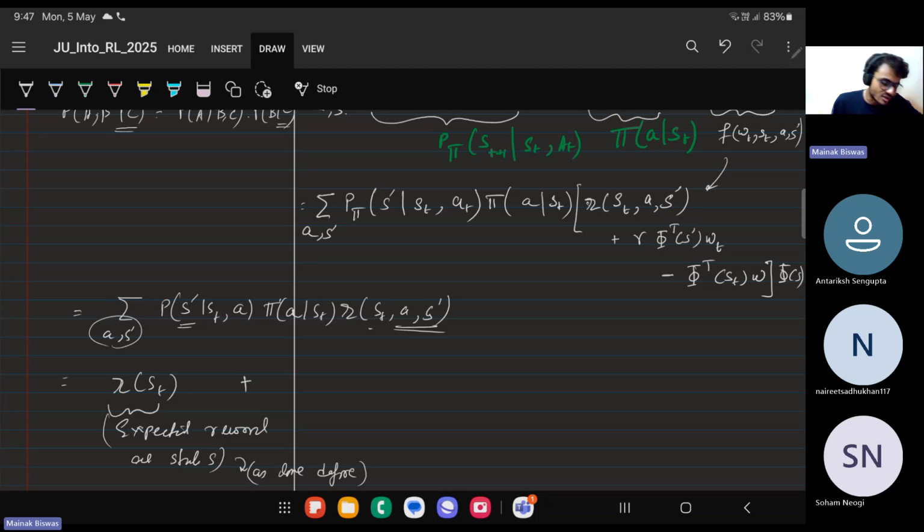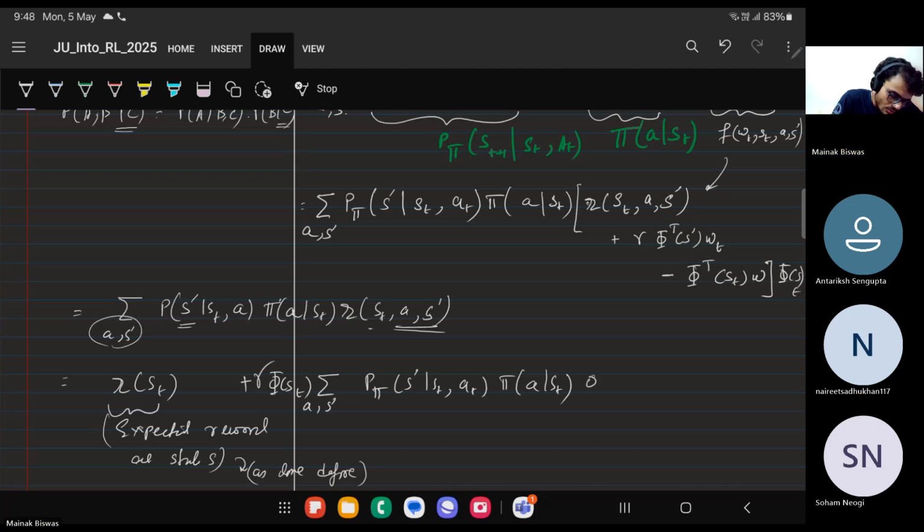So now the second term that I will have is what? I will have the sum over A, S dash of pi of A given ST, P of S dash given ST, AT, into gamma times phi of S dash into WT.